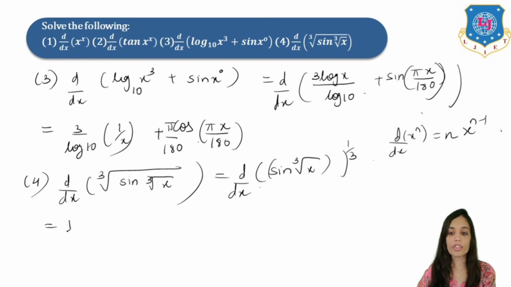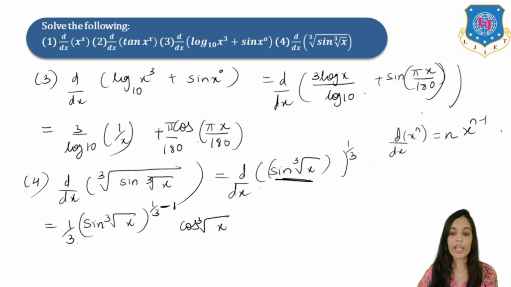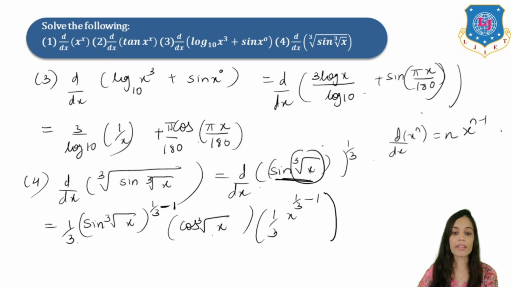You have to decrease the power. So here it will be 1 upon 3 sine cube root of x whole raised to 1 upon 3 minus 1. Now write the derivative of sine. It will be what? Cos cube root of x. And lastly, you have to write the derivative of this, that is x raised to 1 upon 3. So 1 upon 3 x raised to 1 upon 3 minus 1.